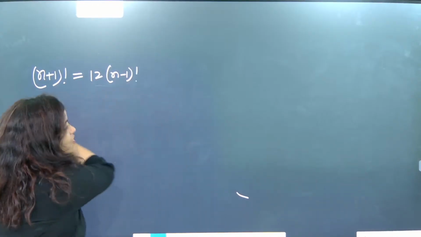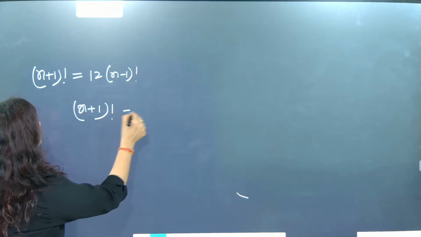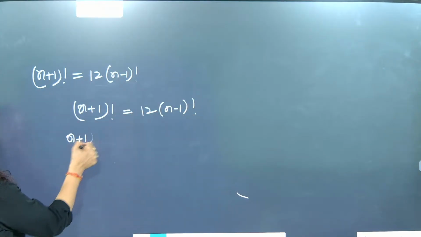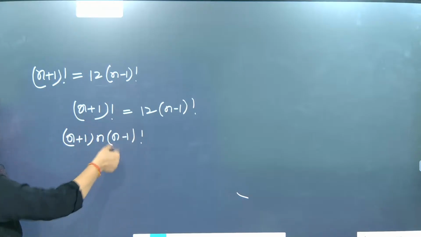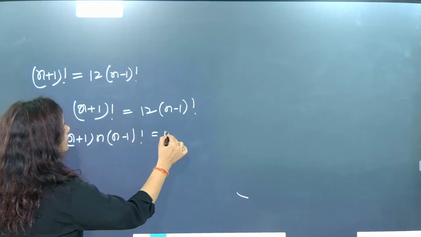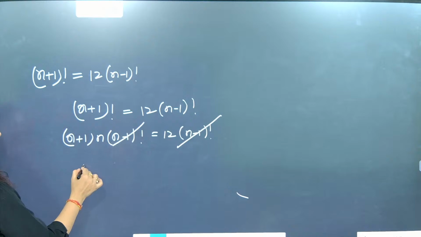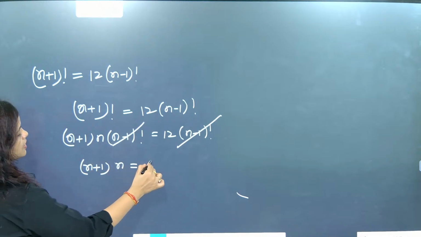Now look here. How to solve this question, beta? So n plus 1 factorial is equal to 12 into n minus 1 factorial. n plus 1 factorial will come as n plus 1 into n into n minus 1 factorial. See, consecutive terms will get reduced. Then it will come 12 into n minus 1 factorial. This section cancelled. n plus 1 into n is equal to 12.